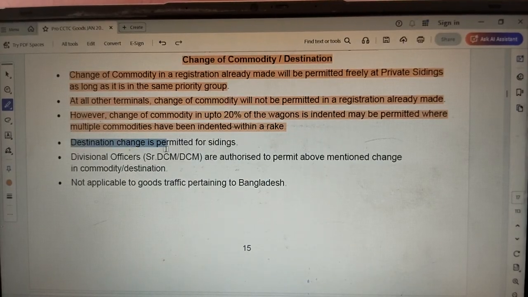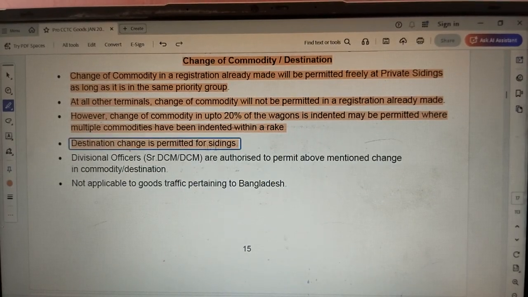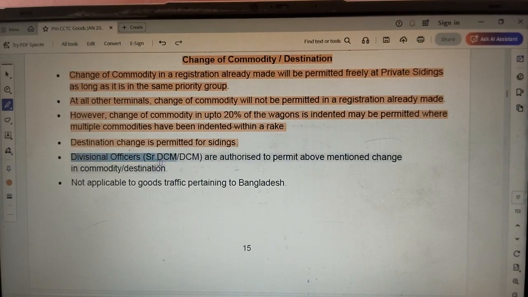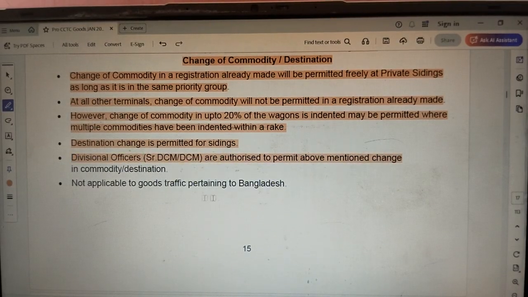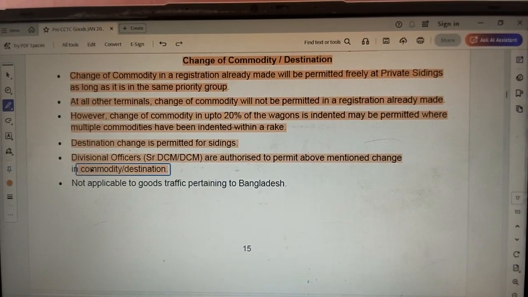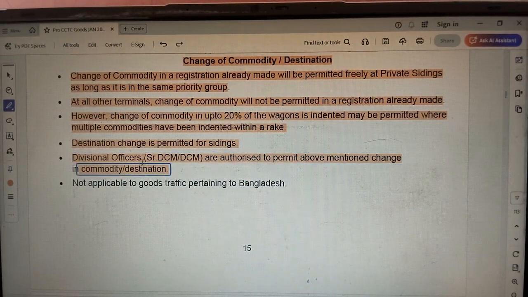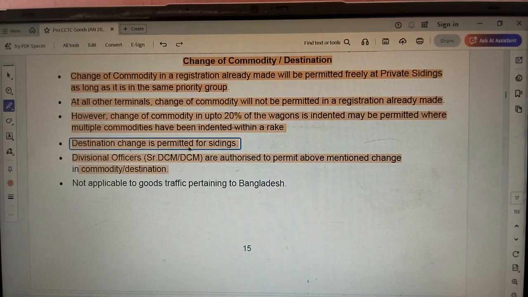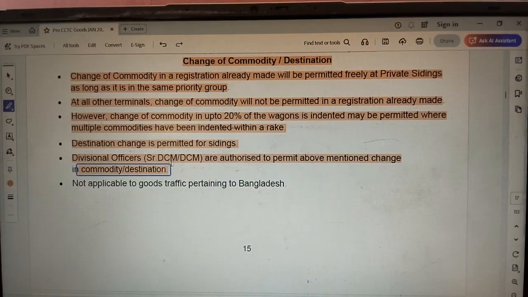Destination change is permitted for siding. Divisional officers, Senior DCM, are authorized to permit the above mentioned change in commodity or destination.